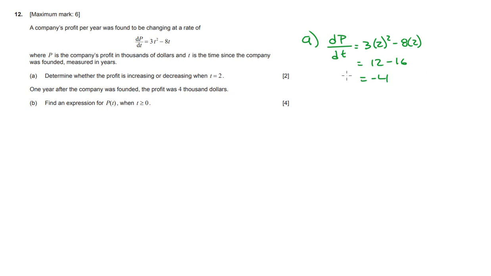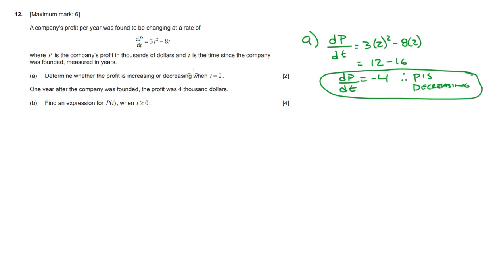Since dP/dt is negative 4, therefore it is decreasing. Our profit is decreasing, because that's the change in profit over change in time. So profit is decreasing when time equals 2.